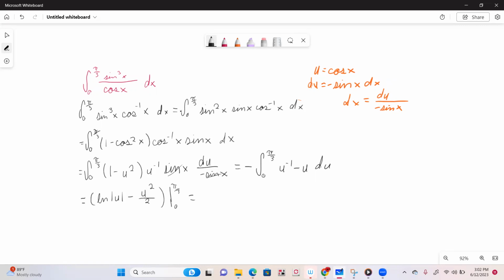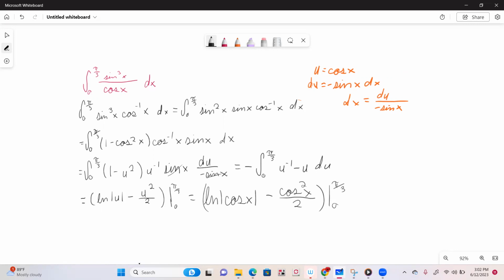So this is going to turn into the ln of cosine x minus cosine x squared over 2 from 0 to pi over 3.